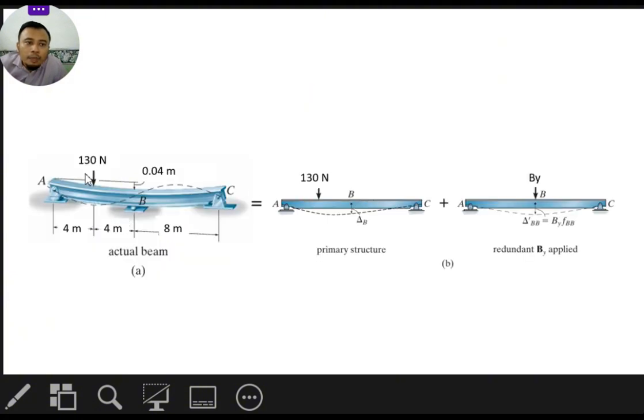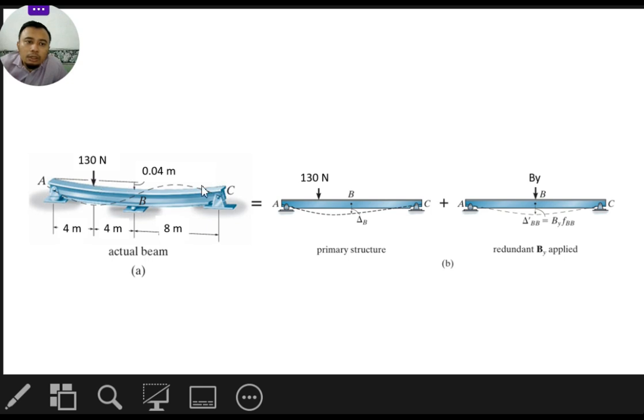As you can see here, your load is here, but your X is the distance from the support at the end to the point of interest, where we want to know the displacement at B. So the distance X is not from A but actually from C, which is 8, because your A is from C to the load, 130 Newton.